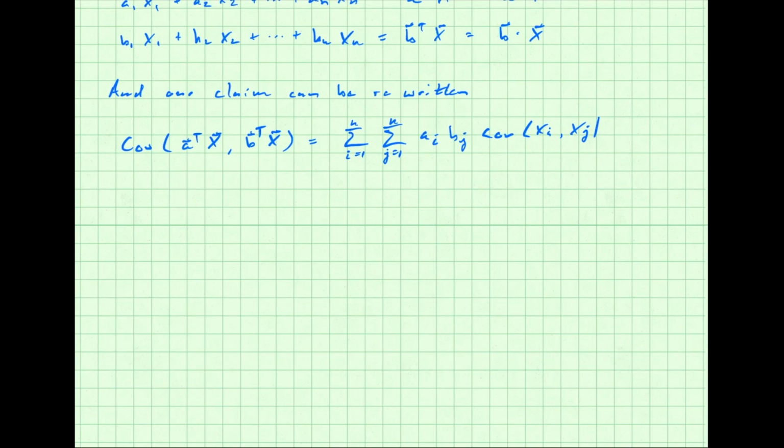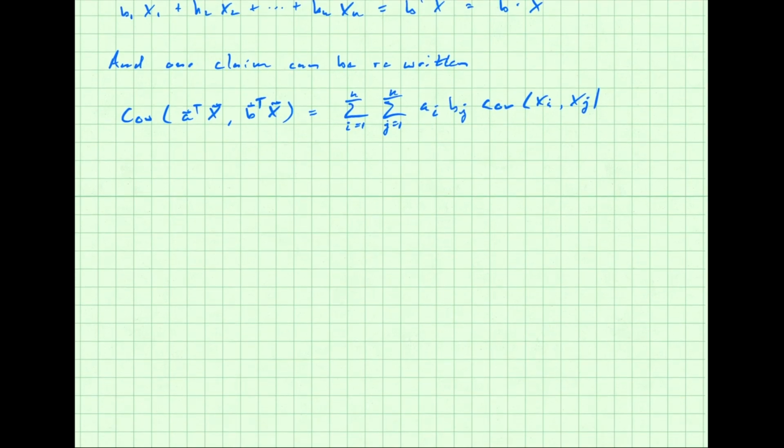Right? Now I'm going to rewrite this, putting the i sum on the outside and the j sum on the inside. And then we'll put the b terms on the very outside edge.